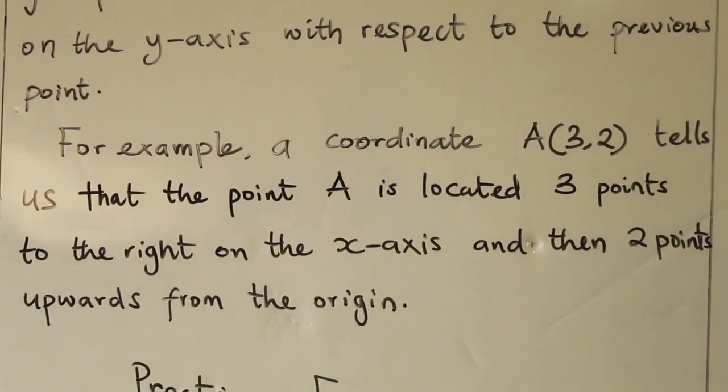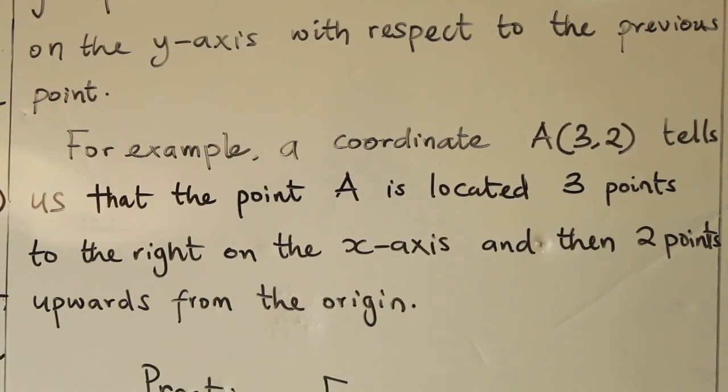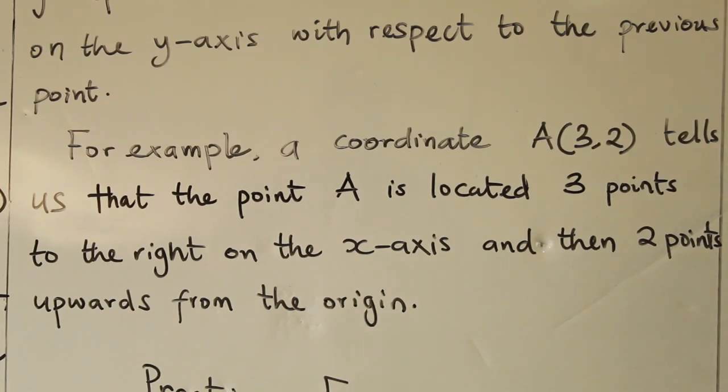For example, a coordinate A is written as 3, 2. What does this mean? A as a point written as 3, 2 means that the point A on the Cartesian plane can be located from the origin if we move 3 places from the origin rightwards, that is towards the right.